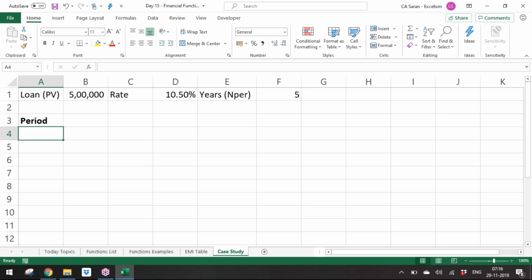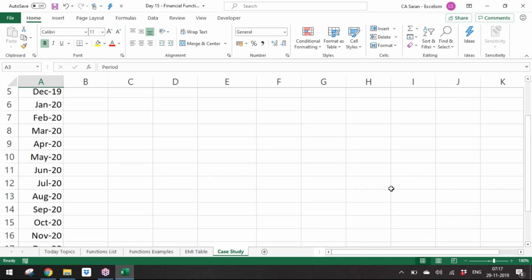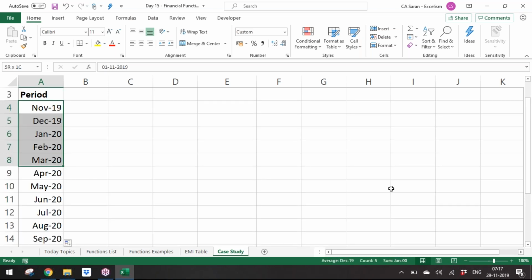So let's take November. Let's say we are taking the loan, right? Is it correct? November 19. Okay, sir. Then let us take month, just for the example, till December. Now, till here, I need to pay at a time.